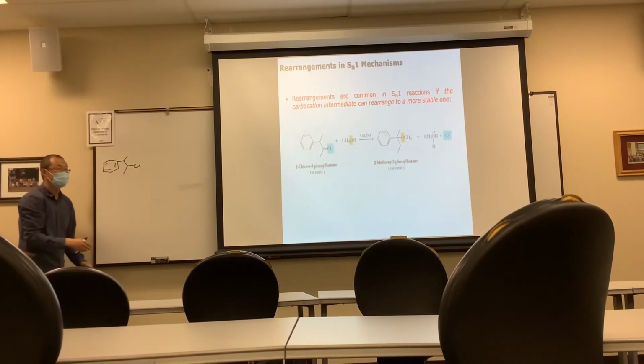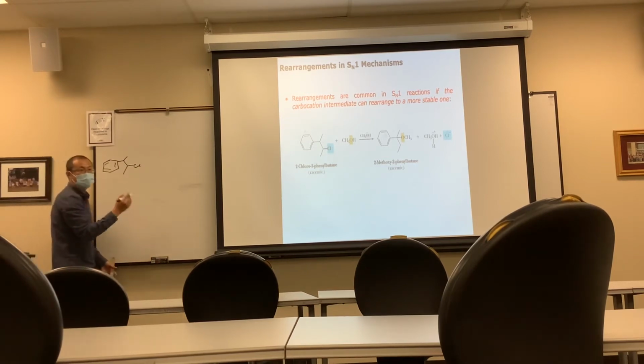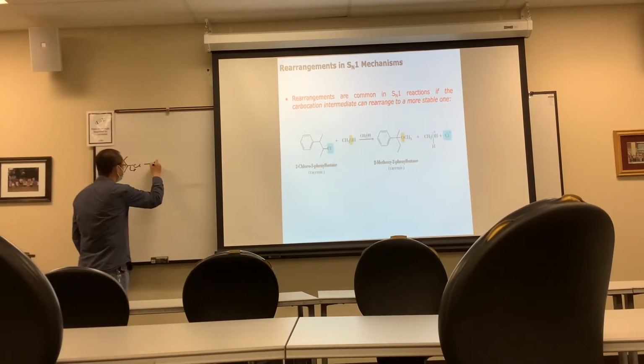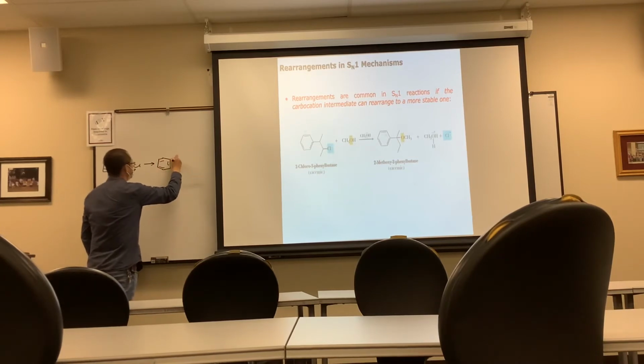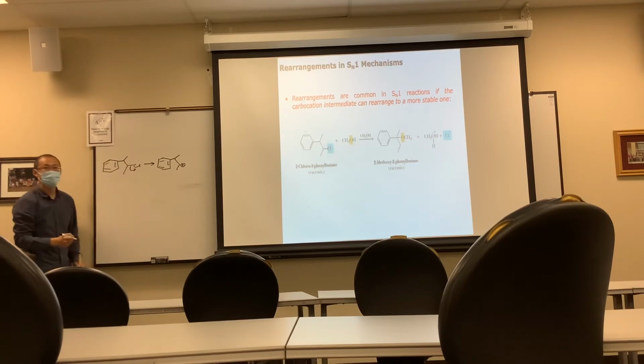You should be able to do it. If this is SN1, what happens first, guys? Leaving of the leaving group to give you a what? A carbocation. Here. Is that right? Am I doing right, guys?